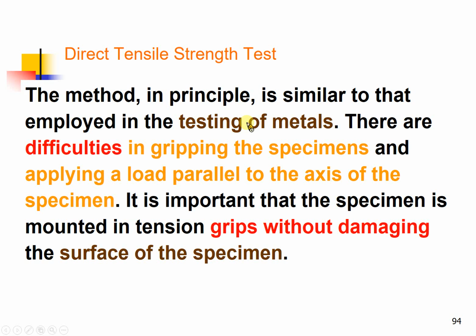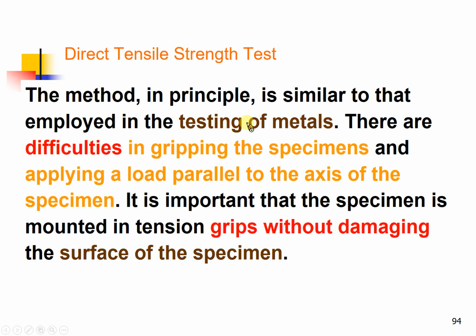For soil mechanics, we don't really have the so-called tensile strength test. No tensile strength. For soil, tensile strength equals 0. For rock mechanics, the tensile strength will be one parameter which could be useful for the engineering design.